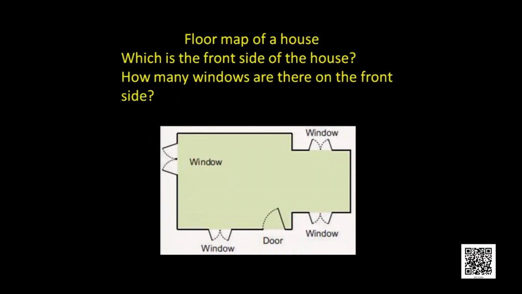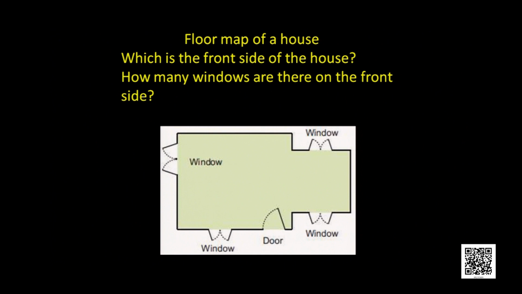Now, see the floor map of a house. In the slide you can see the floor map of a house. When your father constructs a house, he consults an architect for a layout plan. This is like that. This is the floor map of a house. You see here there are windows, doors and the layout plan of the house.